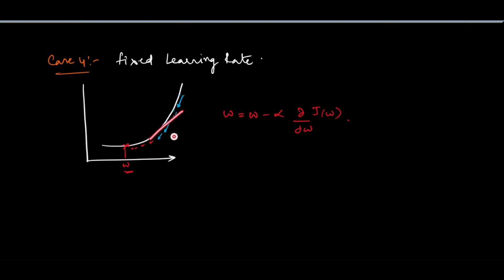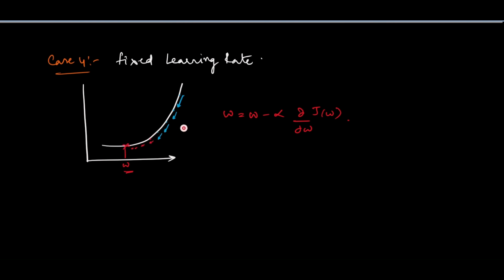As we move to the next point, the slope gradually decreases, and at the next point it decreases even more. As we move closer to the local minima, the slope decreases rapidly. Near the minima the slope is very small, so we take very tiny steps to reach the local minima. So even with a fixed learning rate, it takes more time to reach the local minima.